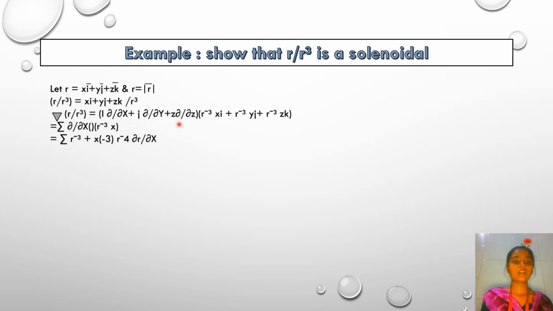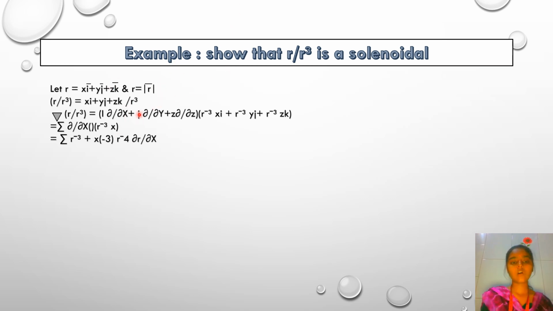Here r cube is in the denominator. When we take it into the numerator, it turns into r power minus 3. So r power minus 3 into xi bar plus r power minus 3 into yj bar plus r power minus 3 into zk bar.